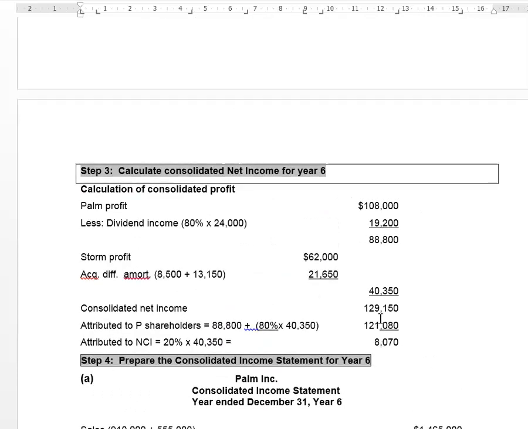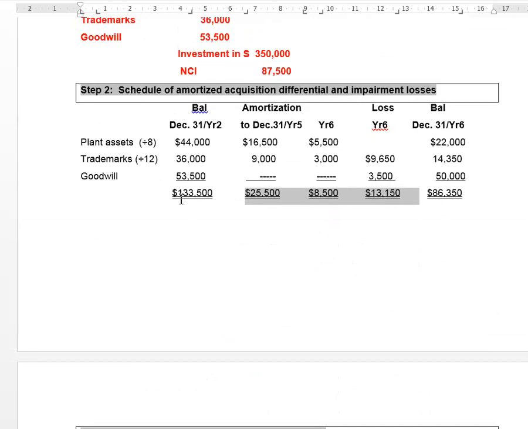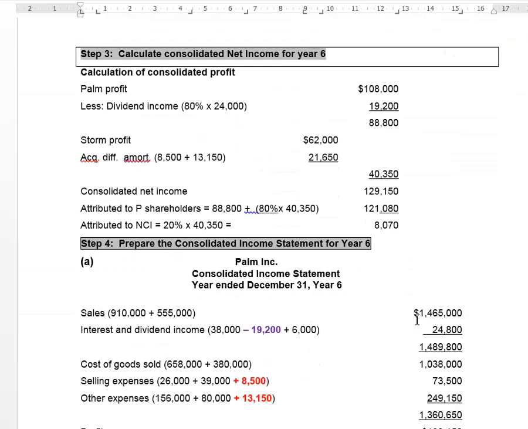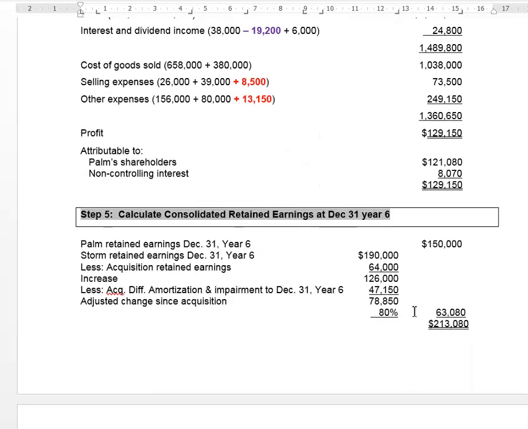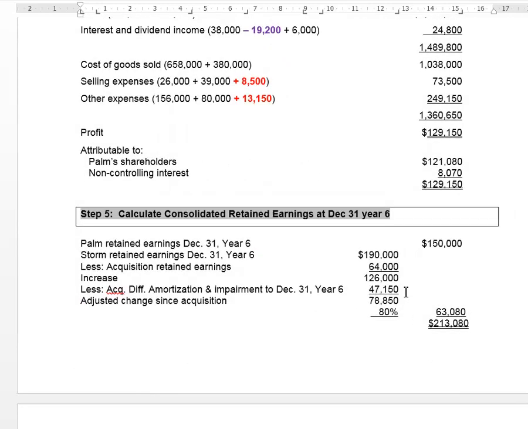The other way to see this is if you look at the difference between the acquisition differential you started with and what you have not yet amortized of that acquisition differential. The 133.5 less what you haven't yet amortized is going to give you everything that you amortized up to and including the end of year 6, which is the amount by which we would adjust the retained earnings of the sub as well. So if we go down here now, back to our step, that's 47,150.